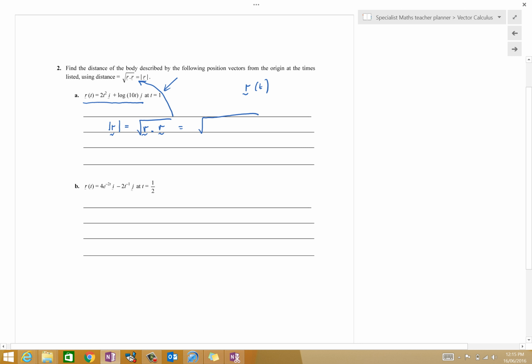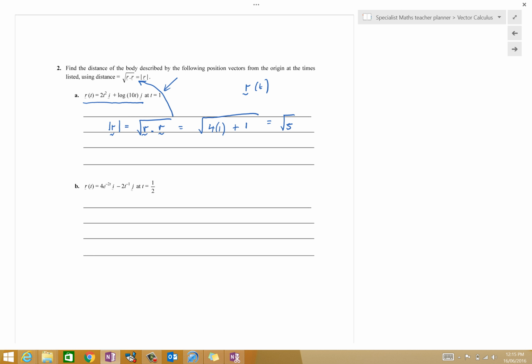So what's r dotted with r? That's going to be 4t squared, where t is already 1, that's 4, plus log 10 of 10t. Now t's already 1, so log 10 of 10 is 1. So that's 1 dotted with 1, which is just 1. Therefore the distance there is root 5.